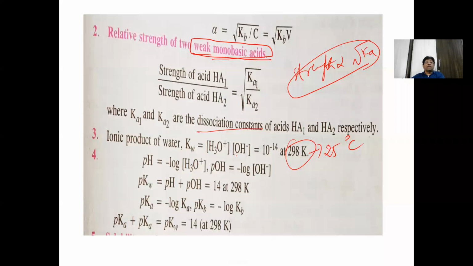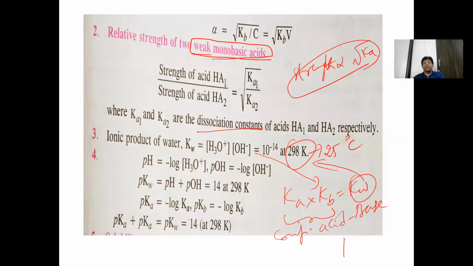Okay. Next, Kw is equal to H plus into OH minus. Similarly, Ka value into Kb value is equal to Kw value, which is again 10 power minus 14 at 298 Kelvin. So Ka of weak acid into Kb of its base is for a conjugate acid base pair.